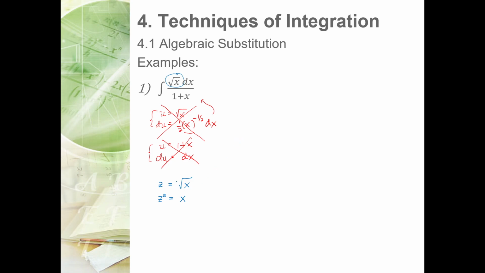Since we have eliminated the square root, we can now get the derivative. The derivative of z squared is 2z dz, and on the right side, that's dx.